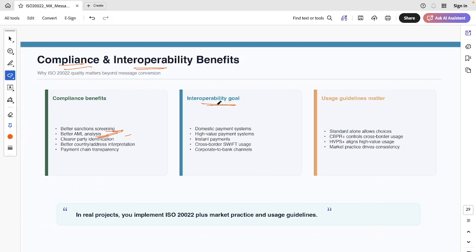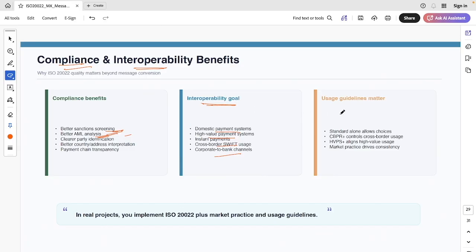For interoperability, ISO 20022 helps different communities align more closely. It is used across domestic payments, high value payments, cross border payments, SWIFT payments, and corporate to bank channels. But implementation depends on the relevant guideline. This is important.